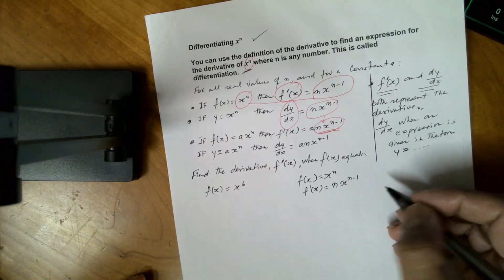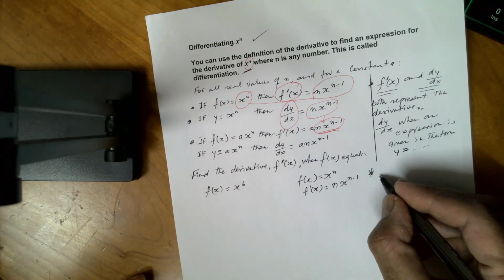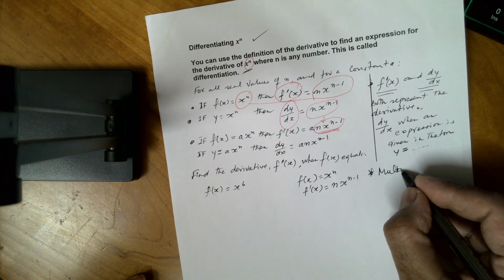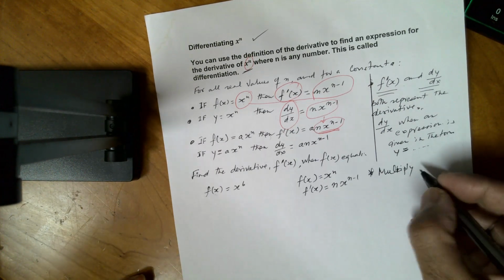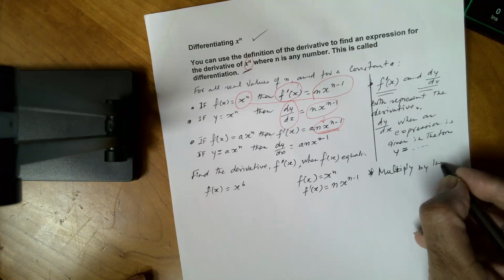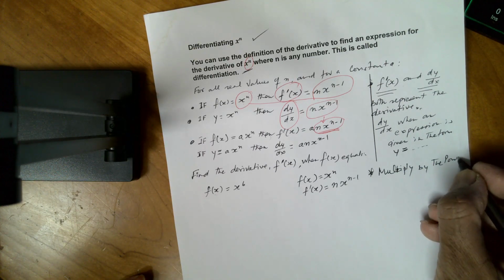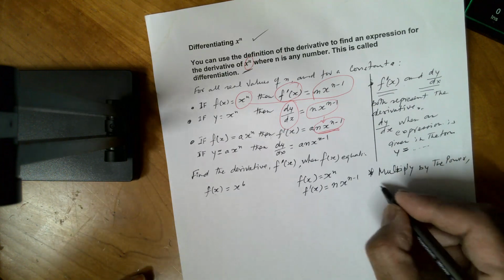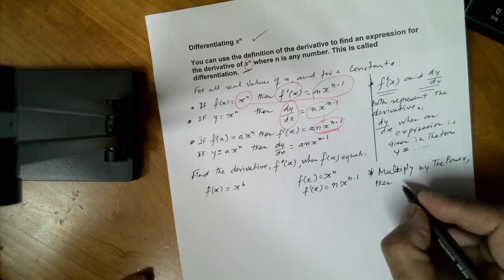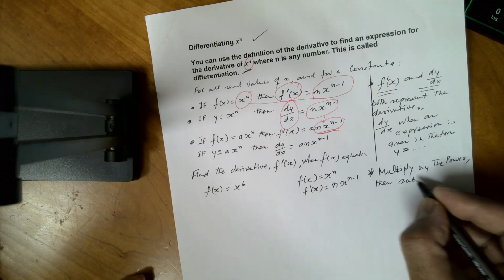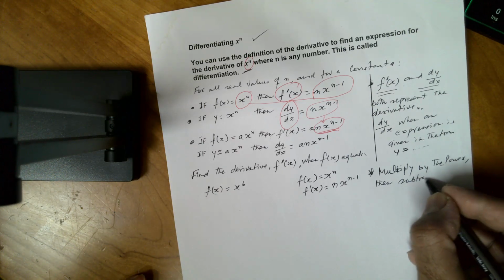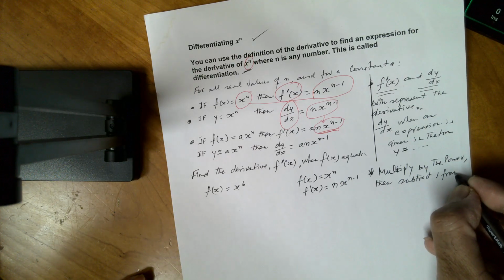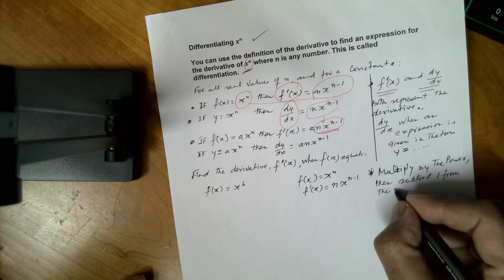What we have done here: multiply by the power, and then subtract 1 from the power.